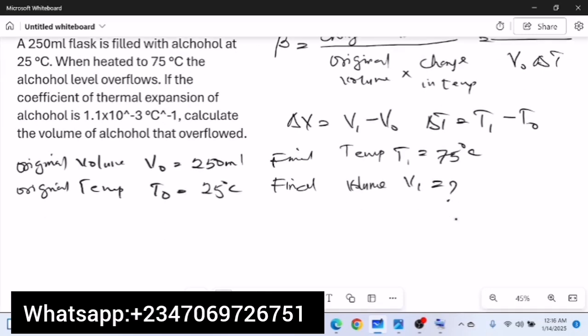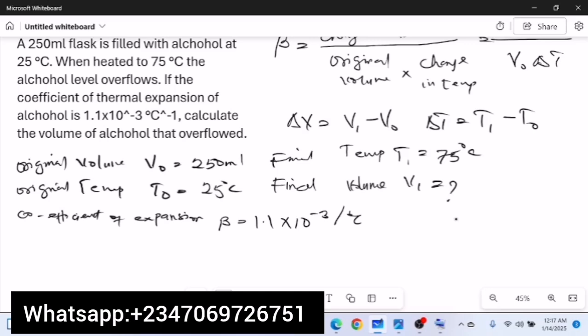Now we are given that the coefficient of volume expansion of alcohol, that is beta, was given as 1.1 by 10 to the power of -3 per degree Celsius. Alright, so we have to find the final volume that overflowed.